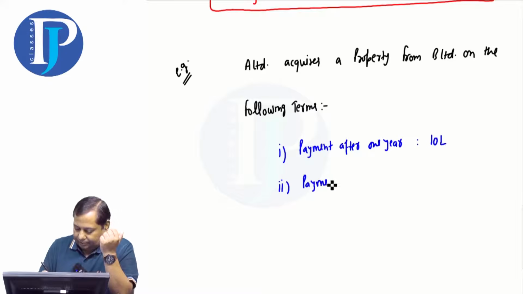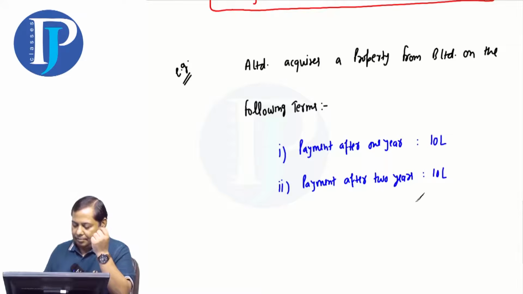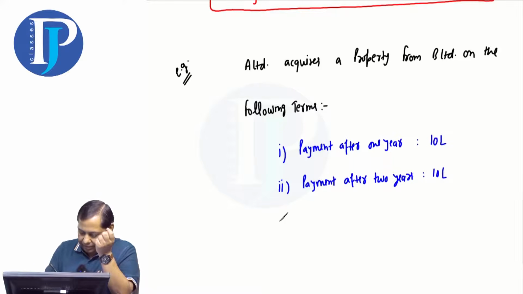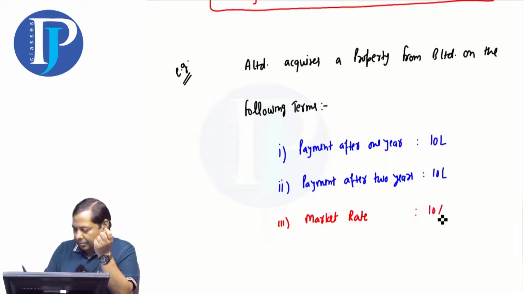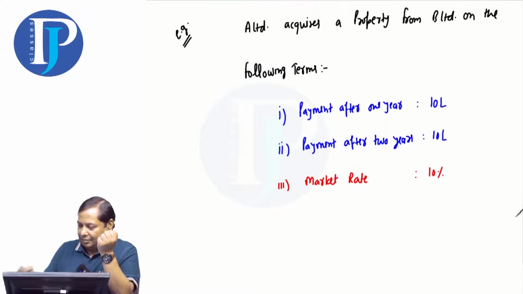Payment after 2 years is 10 lakh rupees. Market rate is 10% per annum.